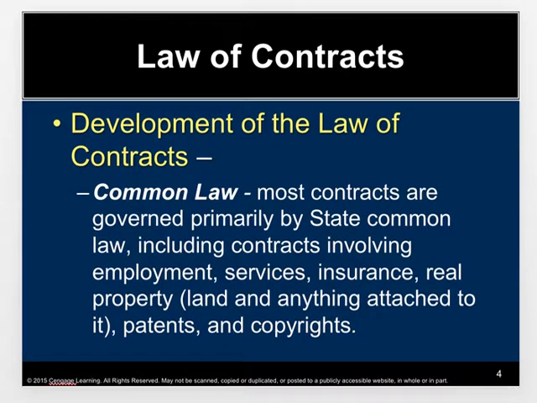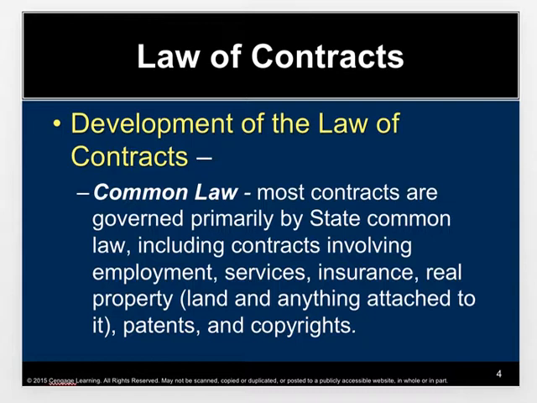So let's talk a little bit about how the law of contracts evolved. And we have to go back to the common law, and most contracts are governed primarily by state common law. So very few statutes really govern contracts or transactions between parties. There are a few minor exceptions. If you recall, in one of the earlier chapters, we talked about uniform commercial laws, one of those being the Uniform Commercial Code.